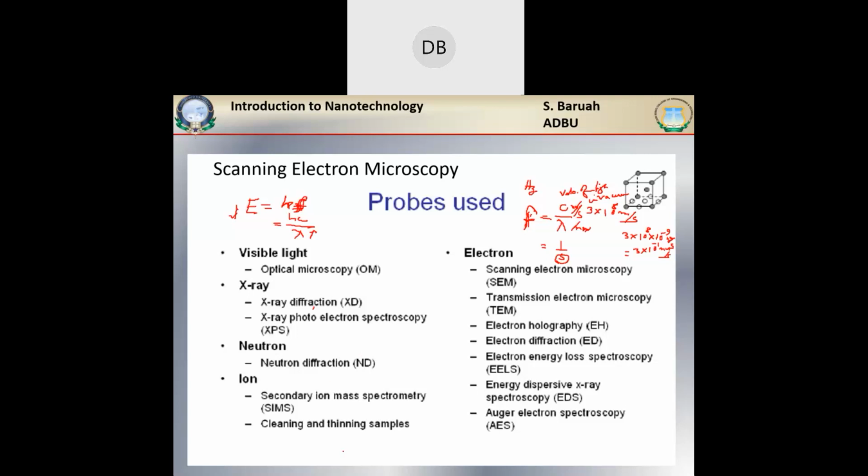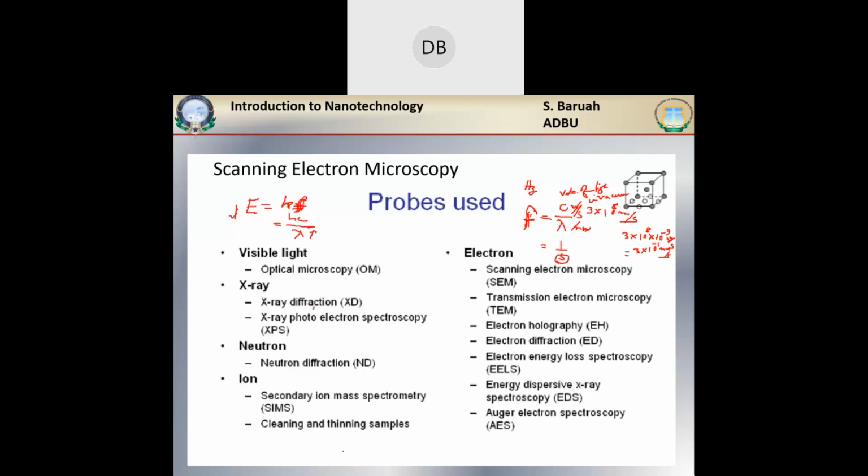Cleaning is one use, and thinning is another process. We strike out material from the top by hitting with the ions, and we can make the sample thin also. I had worked intensely with a process called ion implantation, where we make some ions and forcefully put them on a surface, and I used ions for various applications. Sometimes if I get time, I'll discuss.